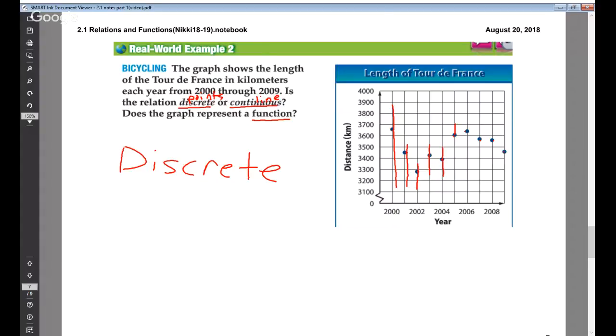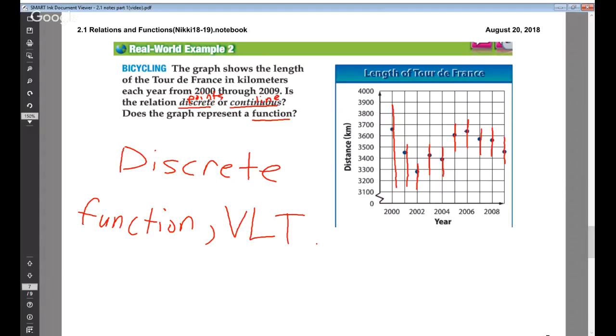And if each vertical line goes through 1 point and 1 point only, then we can say that this is indeed a function. So this graph represents a function by the vertical line test, or the VLT, because every single vertical line we made went through 1 and only 1 point.